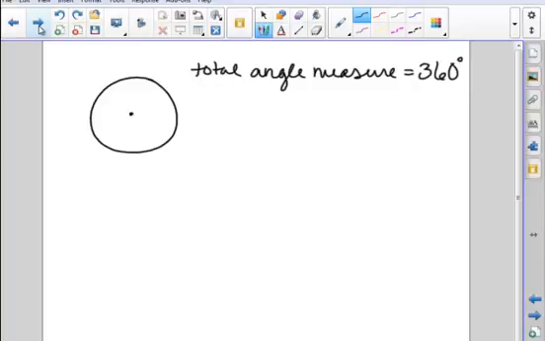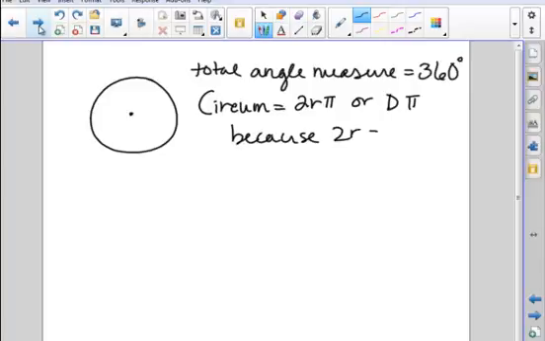Right. Okay. What do you know about the circumference? It's either 2 r's times pi or d times pi, because the radius doubled is the same as one diameter.